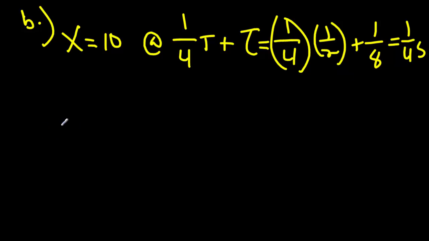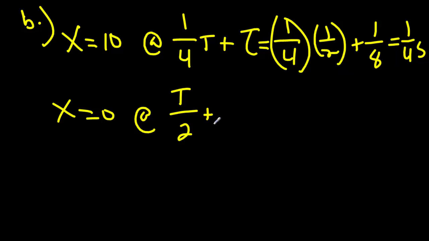1/4 seconds. And then we want to find when x equals 0 at the same thing, so we do t over 2 plus tau. No, t is our period at 0, so we would actually be at 0 seconds.